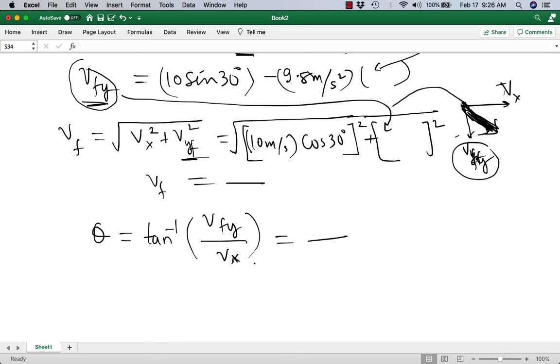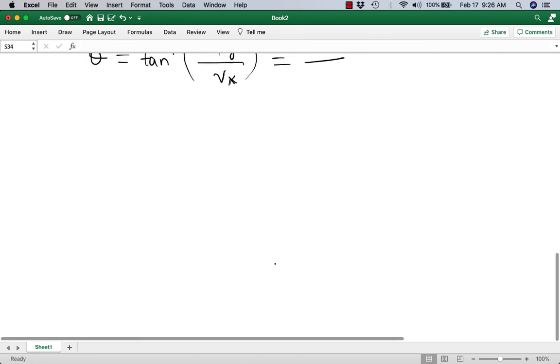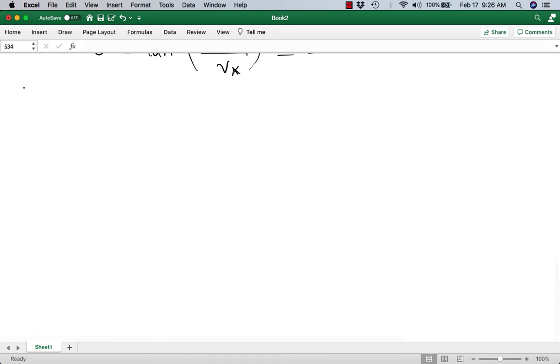Then let's look at part D. Let's see what's part D. What is the horizontal range when the ball returns to its original height?